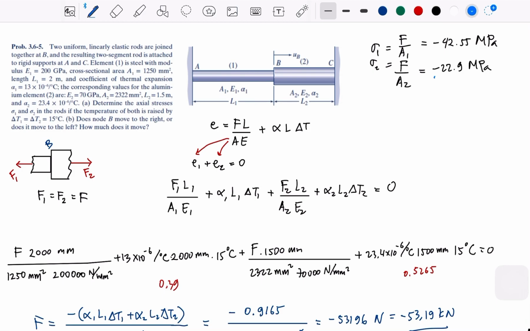So the negative means that the stress is in compression. So both in compression. So this is relative to the wall, to the rigid support, that it's going to affect as a compressive stress. Okay.